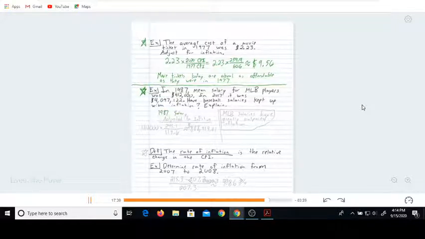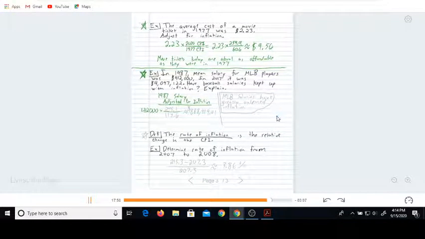So what we're going to do is take that 1987 salary and adjust it for inflation. So that's $412,000. In the denominator is going to be the index number for 1987 because that's where that figure comes from.